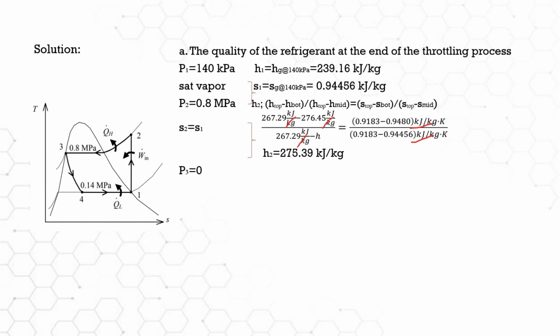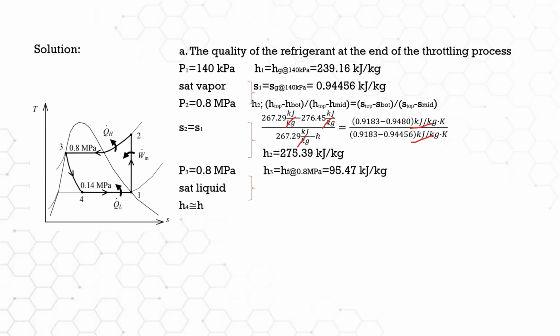For saturated liquid at state 3, the pressure is equal to 800 kilopascals or 0.8 megapascals, so we use the enthalpy at saturated liquid as our enthalpy at state 3, which is equal to 95.47 kilojoules per kilogram, as given in Table A-12 in our property table.